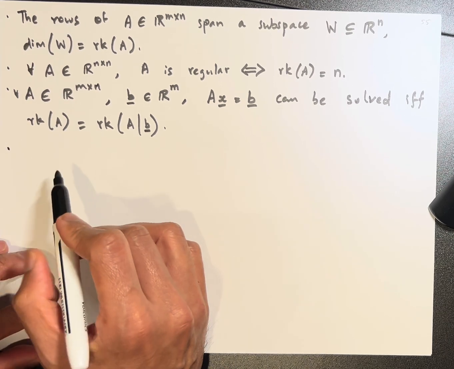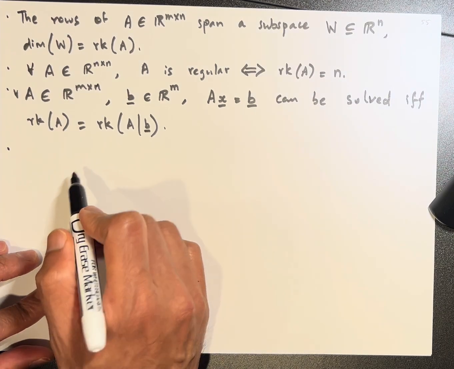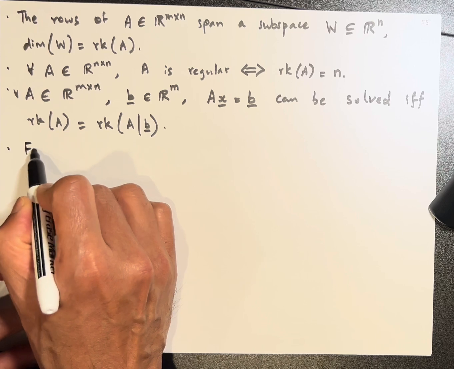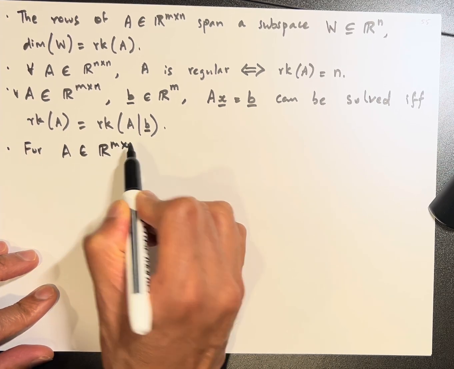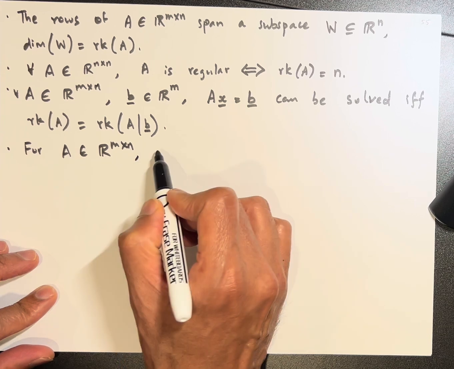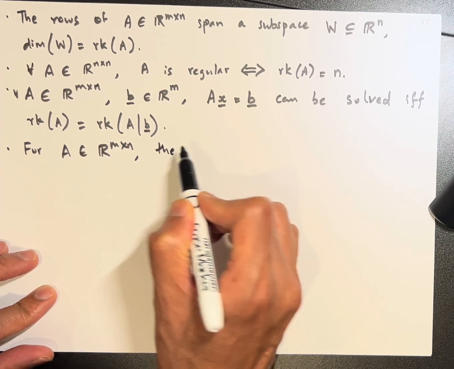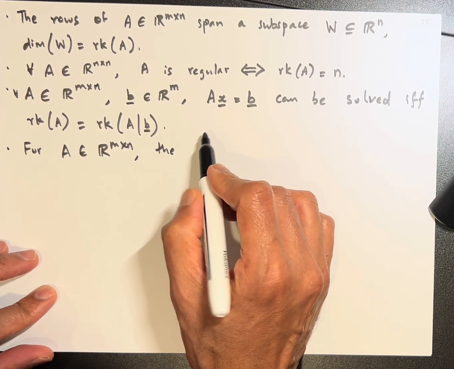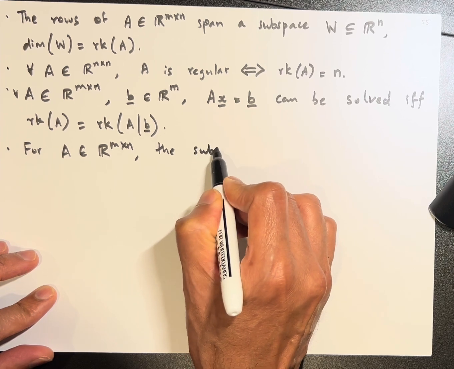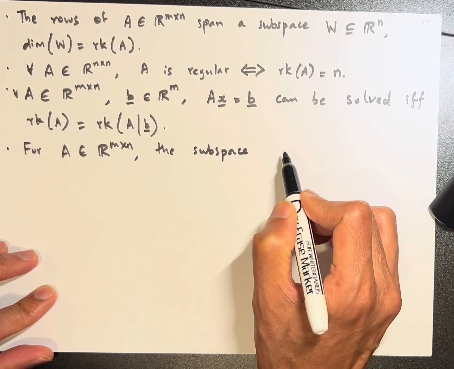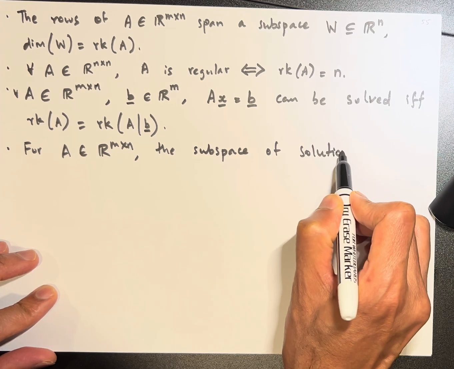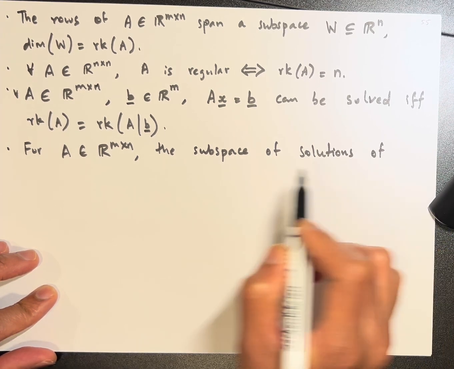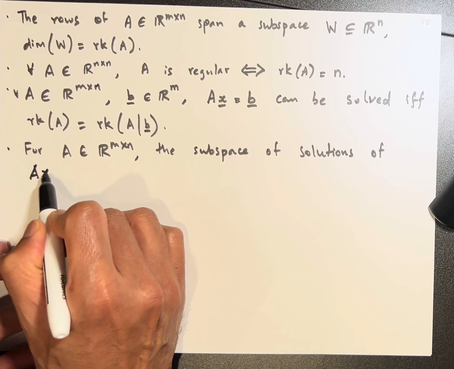Then the next one, for A, now again we take R^(m by n). So now we know that, let me write this, the subspace of solutions of Ax equal to 0.